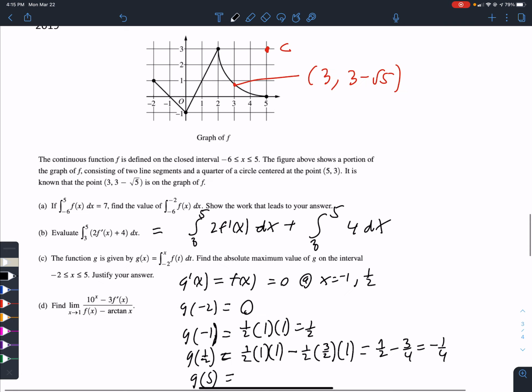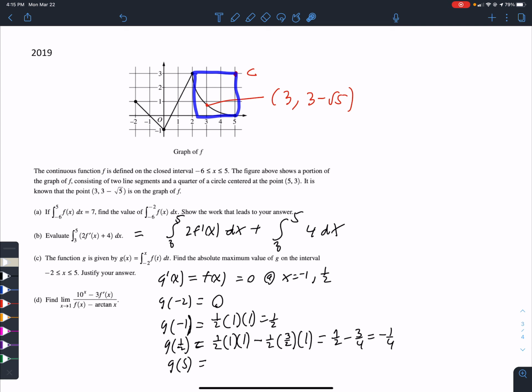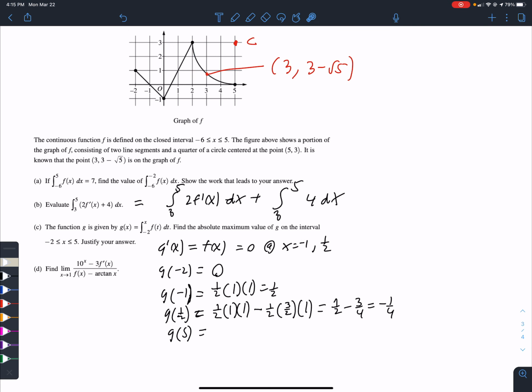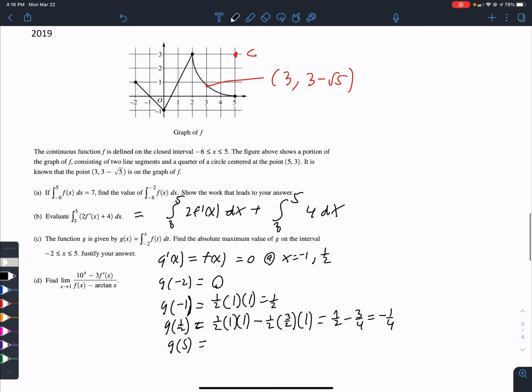And the last one, 5. So I want to take this area and that area, add them, and subtract that area. Well, I did this one earlier, but it's all erased, so I'm going to have to start all over with that. Kind of a bummer. But let's just go ahead and do this. I'll start my way across.